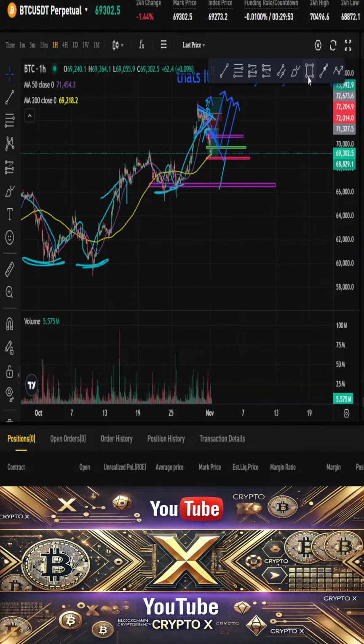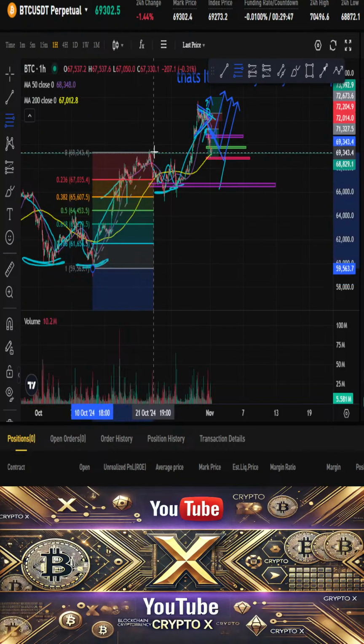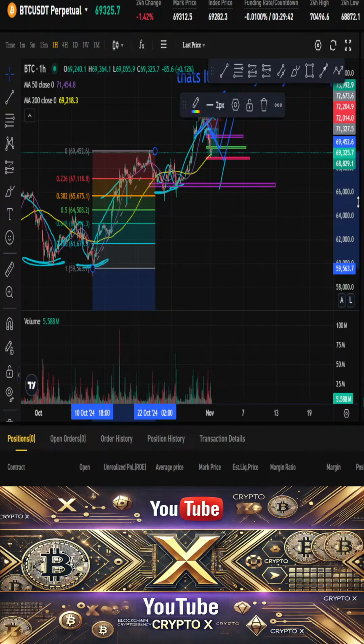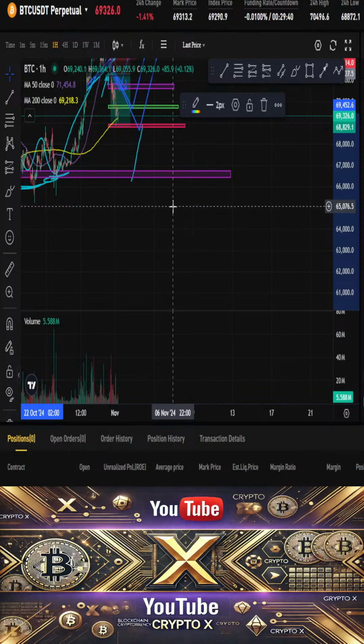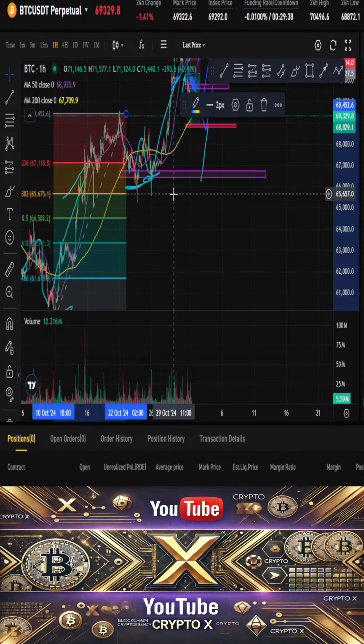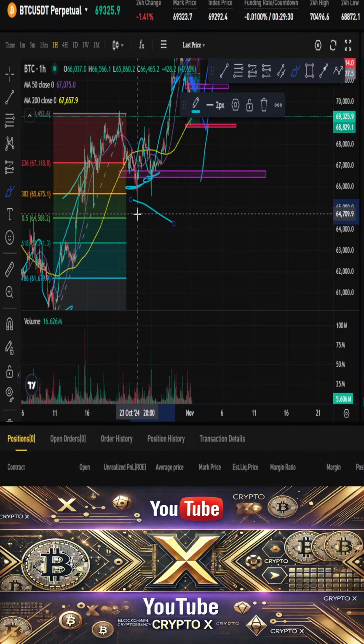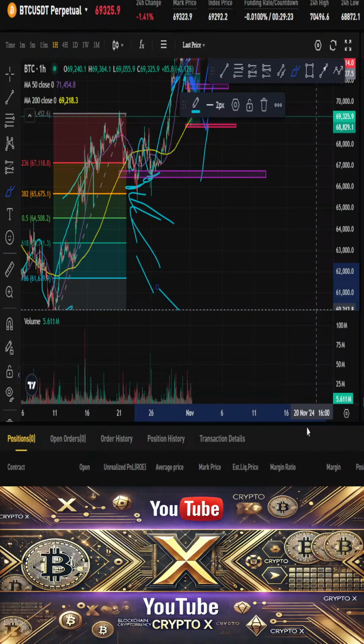If we go with Fib from the lowest point to the highest point of a single trend, here it retested from point 0.3. The major three zones are 0.382, 0.5, as well as 0.618.